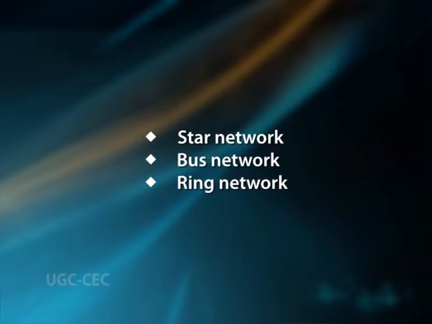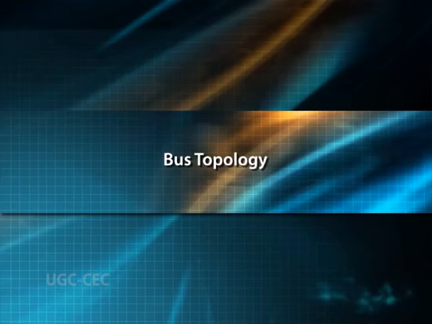In addition to these types, the following characteristics are also used to characterize different types of networks: star network, bus network, ring network. Bus topology. Do not be confused with the system bus of a computer whenever you refer to the term bus network.